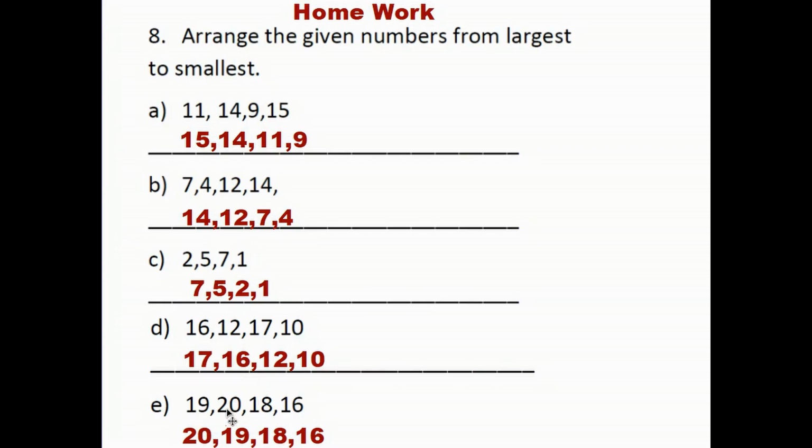Lastly, 20 comes first, 19, 18, 16. These are your answers. Now based on this, try to relate and compare your answers. And then we proceed to today's lesson. Right, students?